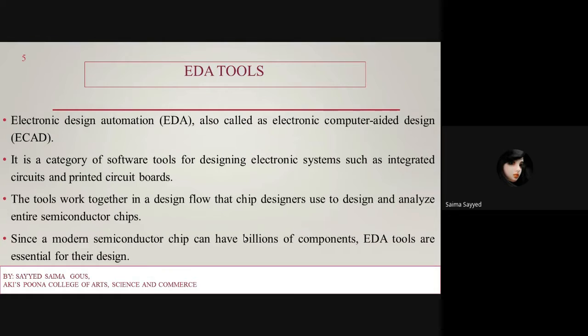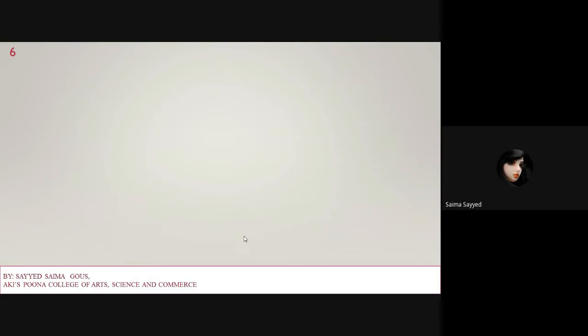A modern semiconductor chip can have billions of components placed on a single chip, so EDA tools are essential for designing, because it is not possible manually. So automation technology is needed.